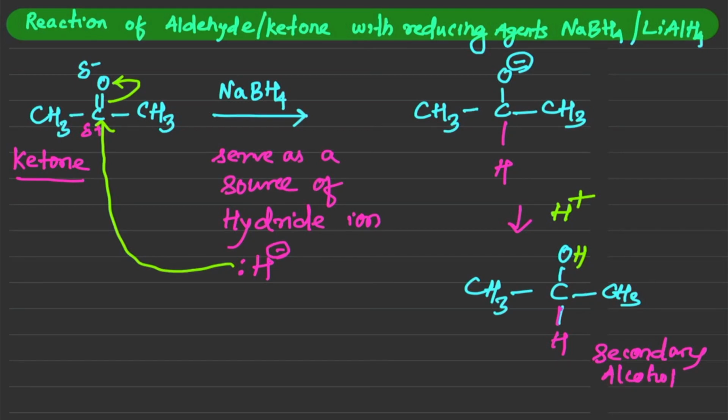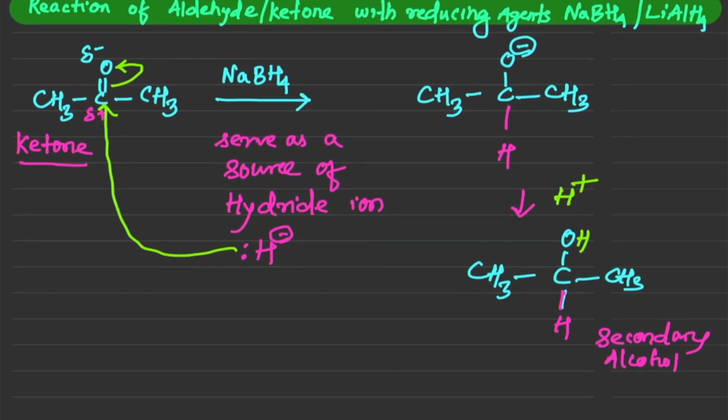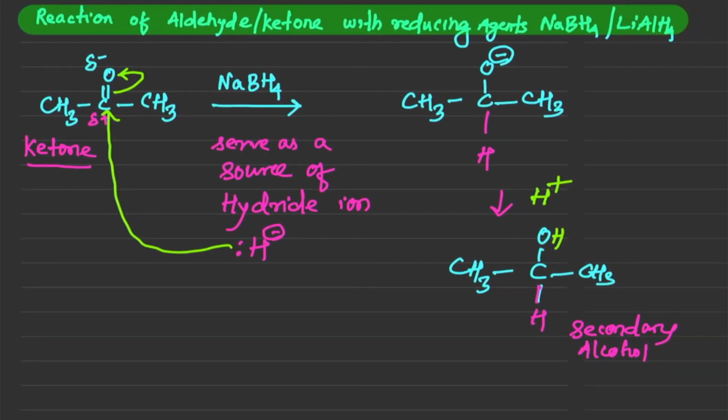Okay, so now let's look at where is the source of this hydride ion. If you do this in your exam, I'll give you credits as well. But the proper way to do this is, sodium borohydride is going to give you sodium plus and borohydride ion, BH4, and the boron is going to have a negative charge.